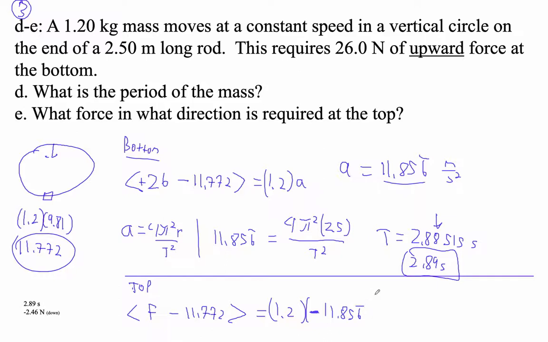So 1.2 times negative 11.856. And then I have to add the 11.772. There it is. Alrighty, I get negative 2.456.